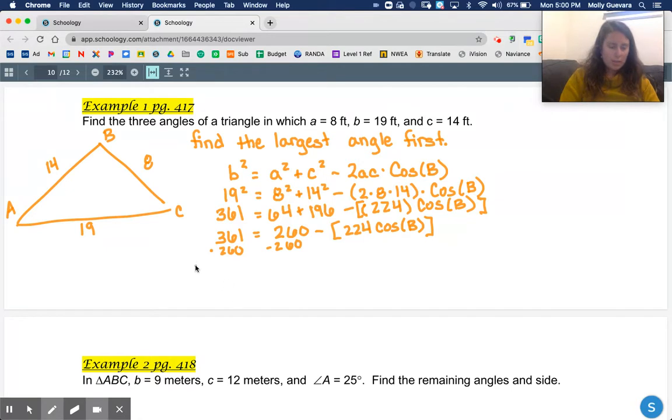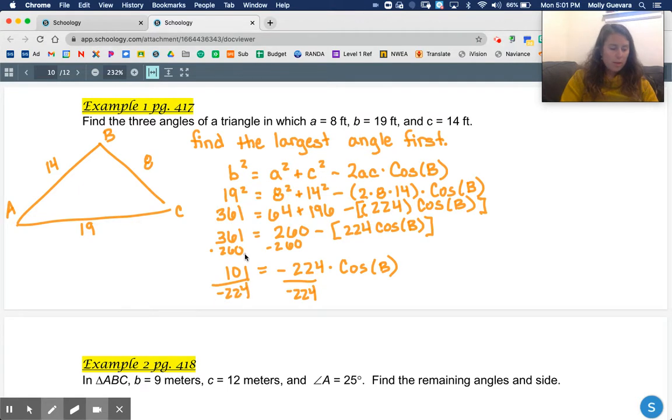So 361 minus 260 is 101, equals negative 224 times cosine of B. Now I can divide by negative 224.